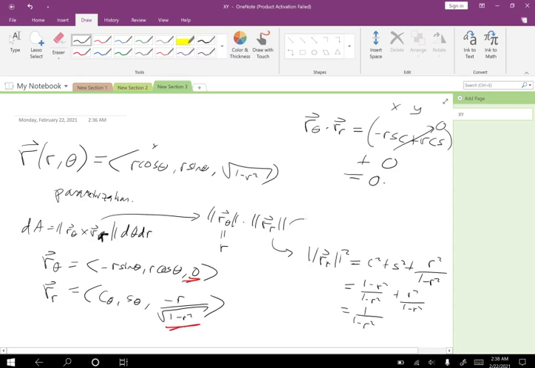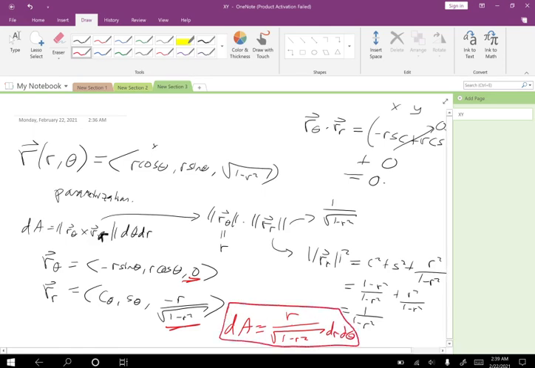So that means we will get 1 over that square root. So in other words, dA will be r divided by the square root dr d theta. And this may look bad, but it actually turns out to be not bad at all.